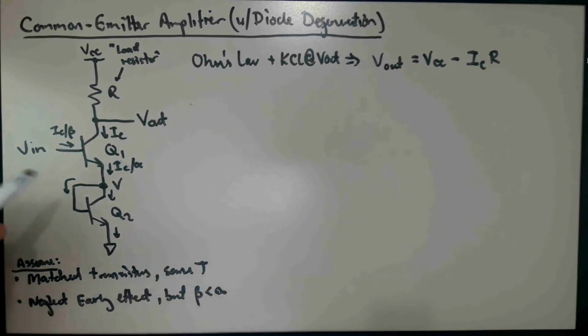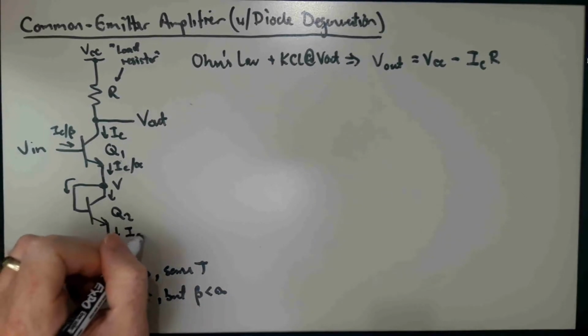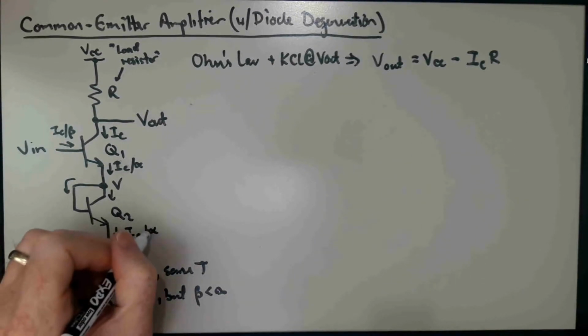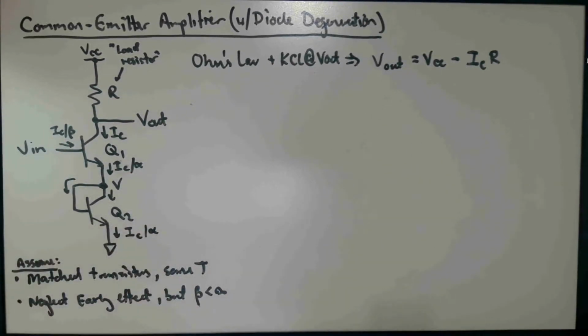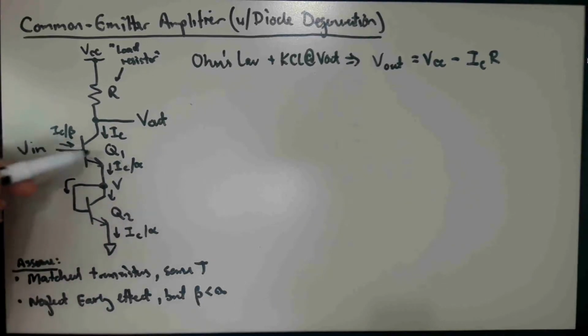And because these two transistors are matched, I would argue that this has to also be IC over alpha. Okay? So these two transistors are matched.